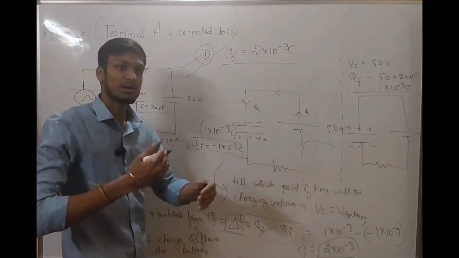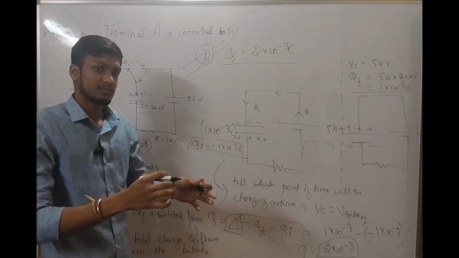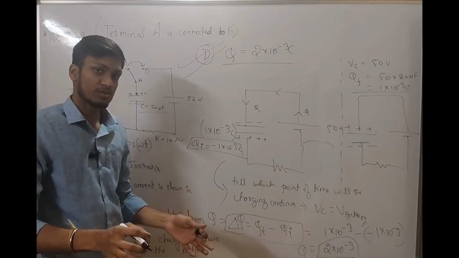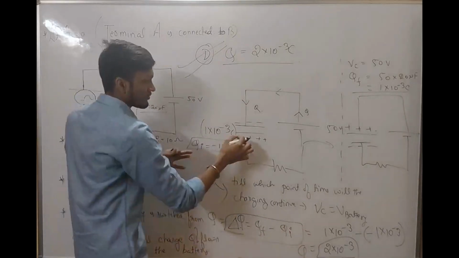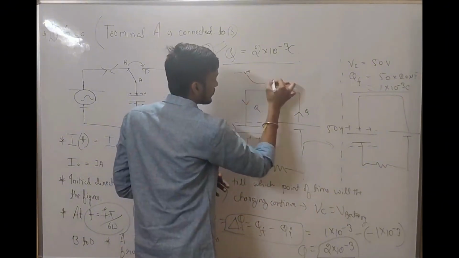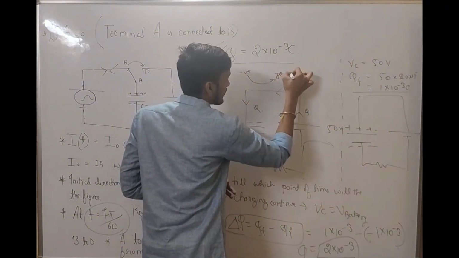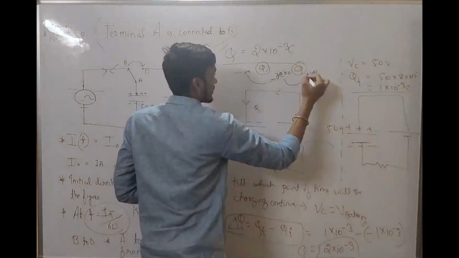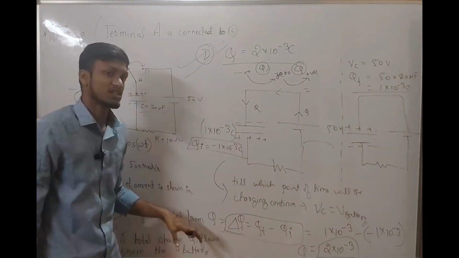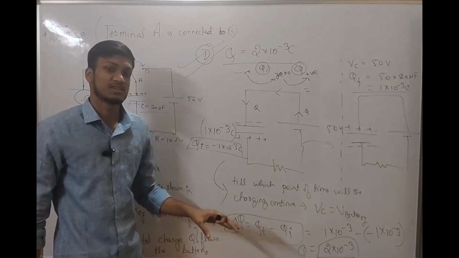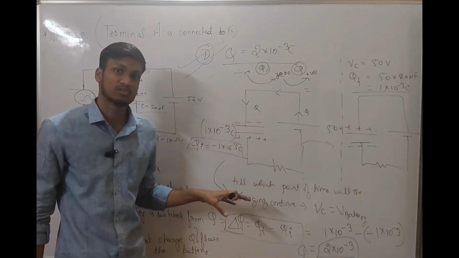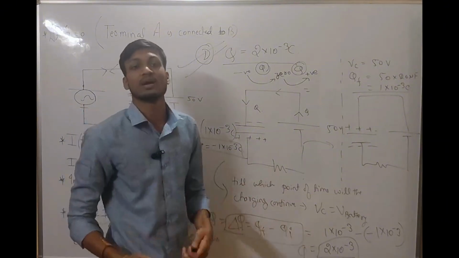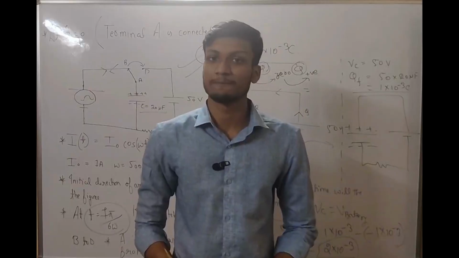So it supplies a double amount of charge: first negative to 0, then 0 to positive. So there was some charge supplied here, there was some charge supplied here, and the total charge is the charge that we have to calculate. Total charge is the charge that is supplied by the battery throughout the process in the capacitor to make it reach an equilibrium state.